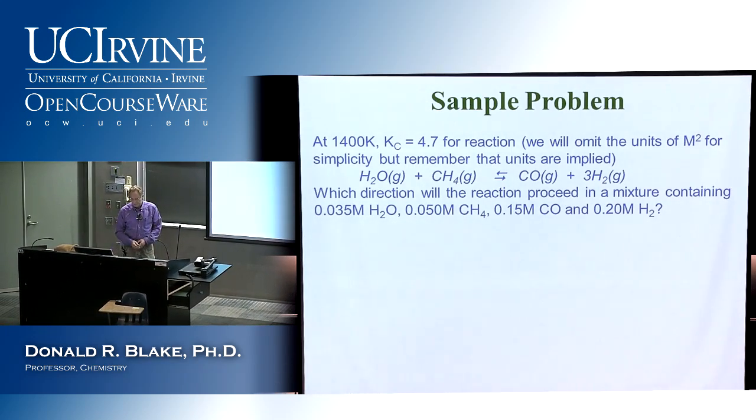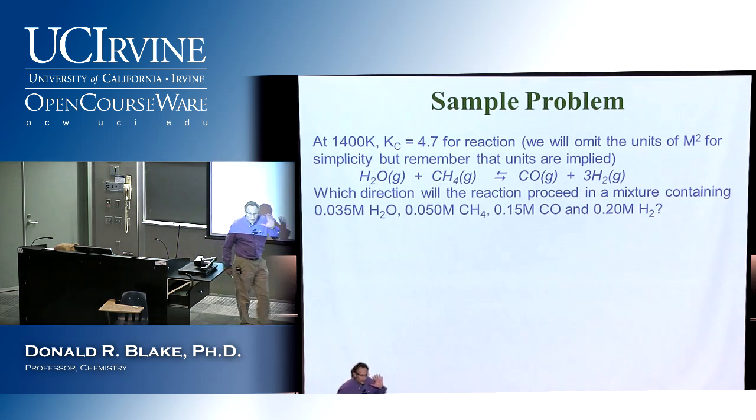Okay, let's do this. At 1400 K, K sub C is equal to 4.7 for the reaction, and we're going to omit all that M stuff. H2O gas plus CH4 gas, in equilibrium with CO gas and 3H2 gas. Which direction will the reaction proceed in a mixture containing 0.035 molar water, 0.05 molar methane, 0.15 molar CO, and 0.2 molar H2?